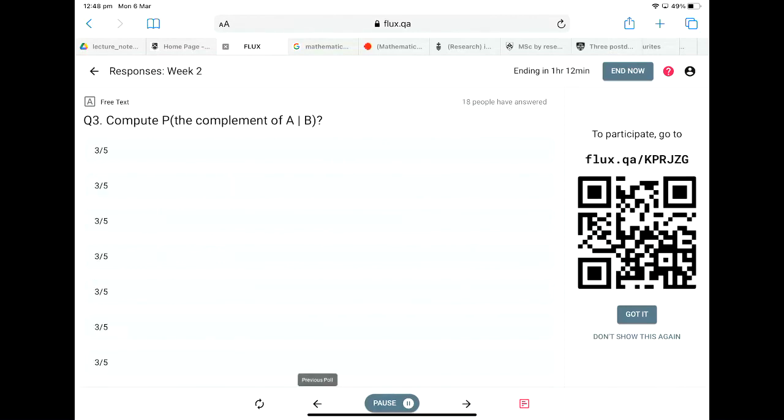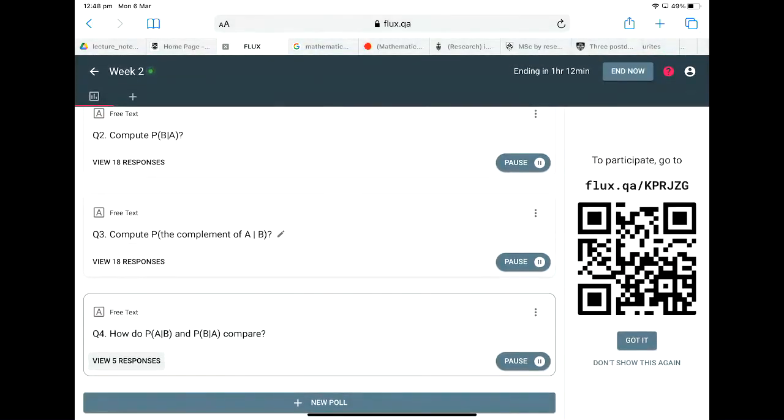Yeah, just write from the definition of conditional probability, this one equals probability of A intersect with B divided by probability of B, or using the multiplication rule, you also can have the final answer. This is the intersection divided by probability of A, right? So which means that probability of B given A times probability of A equals the probability of the intersection.